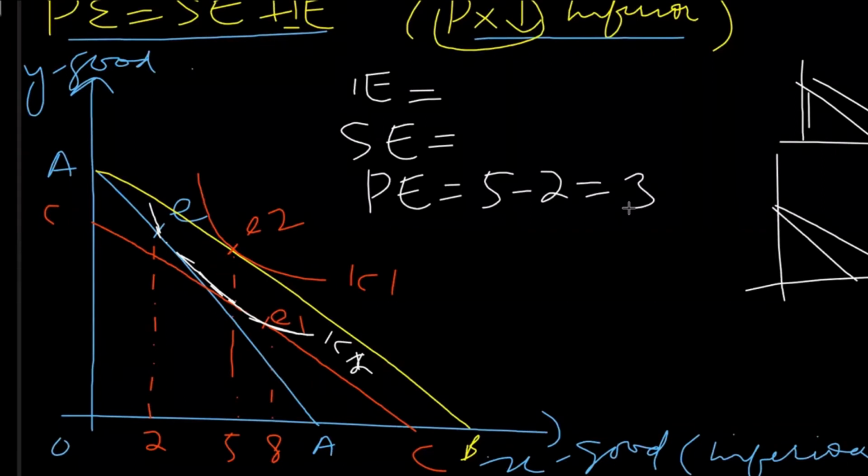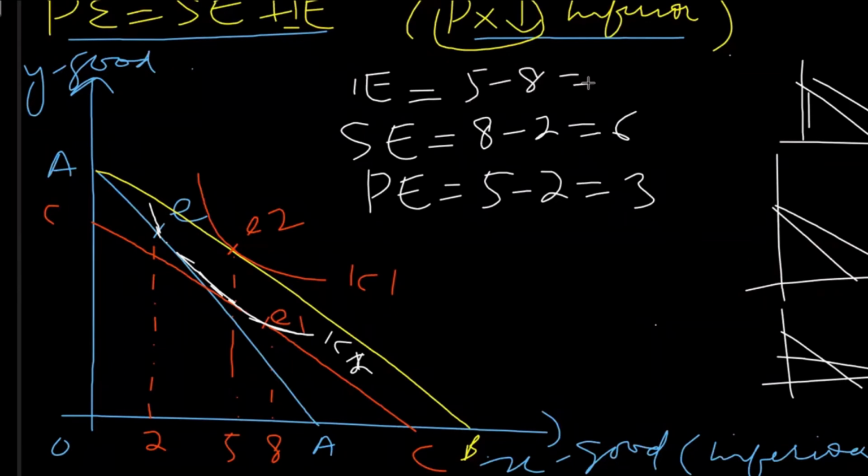And for the substitution effect, two lines cross each other, and the two lines which are crossing each other are AA and CC, and at CC the equilibrium quantity is 8. Okay, so the price effect in this situation is equal to 5 minus 2, which is 3, and the substitution effect is 8 minus 2, which is equal to 6, and the income effect is equal to 5 minus 8, which is equal to minus 3.